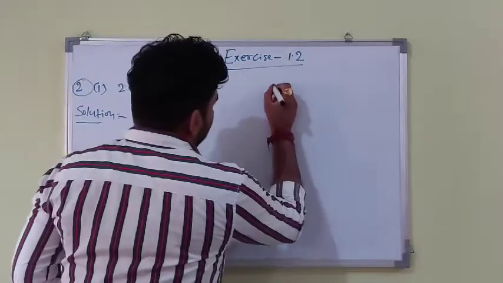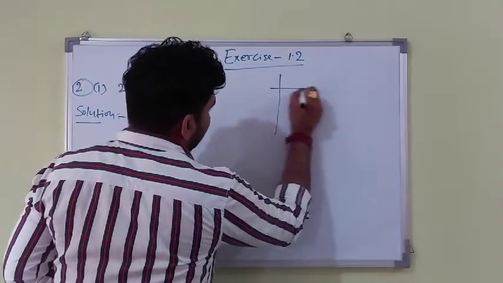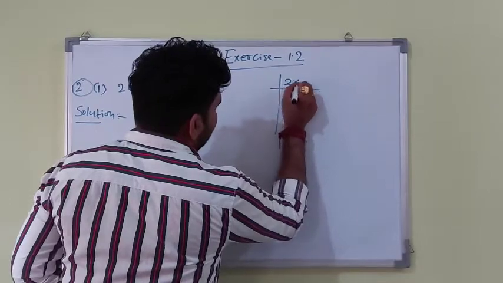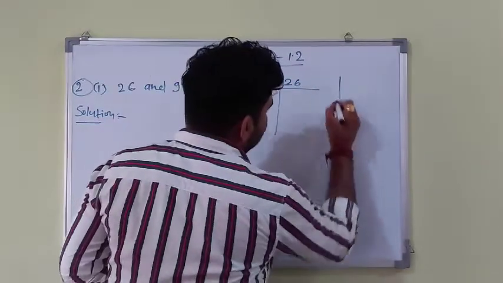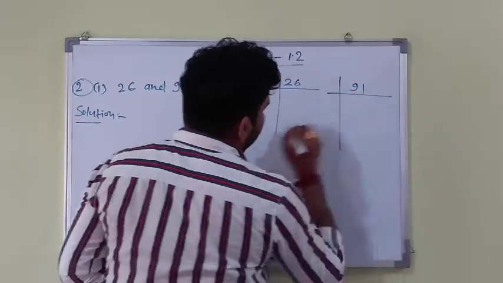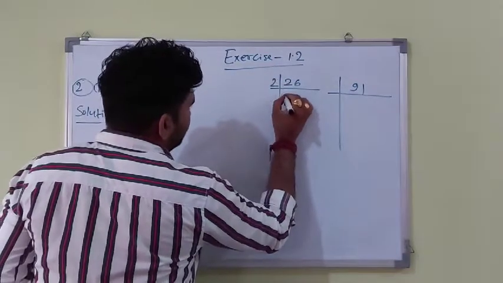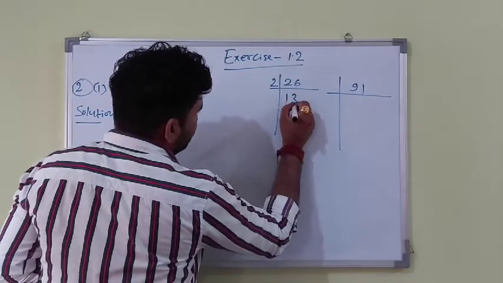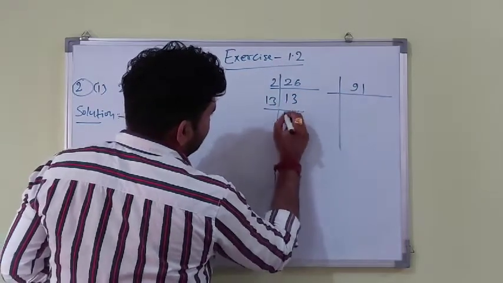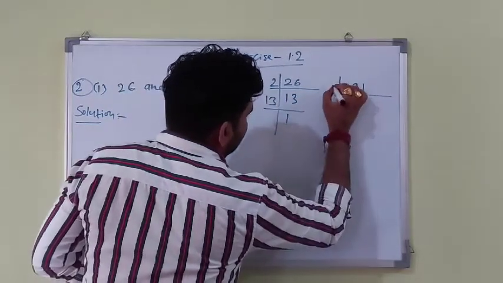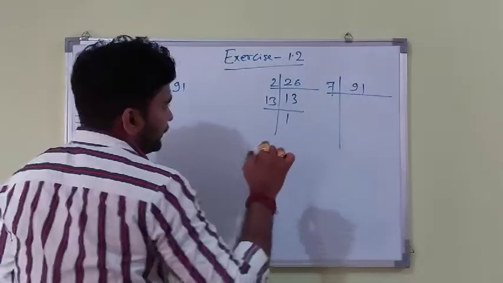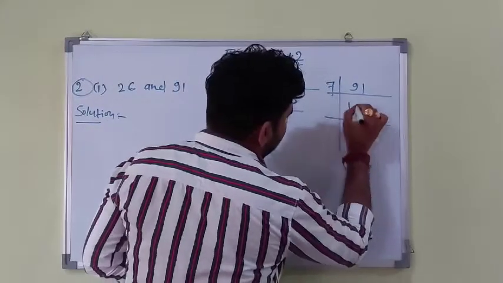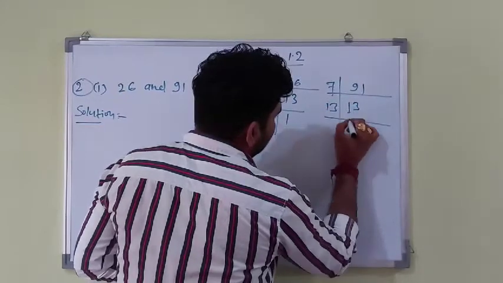So what are the prime factors of 26 and 91? 2 1s are 2, 2 13s are 26, 13 1s are 13. And 91 is divisible only by 7: 7 13s are 91, 13 1s are 13.